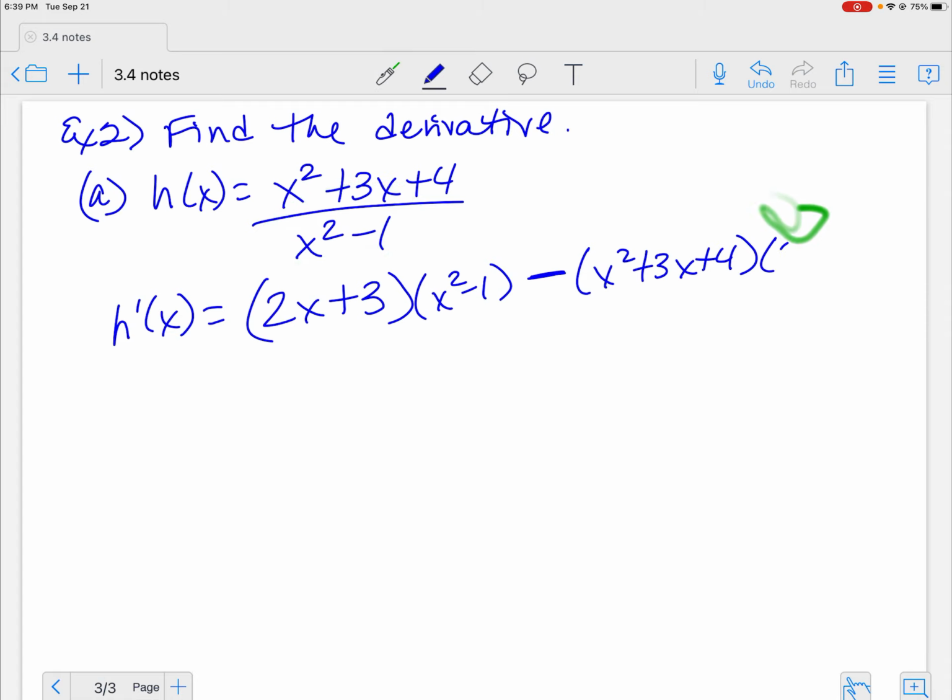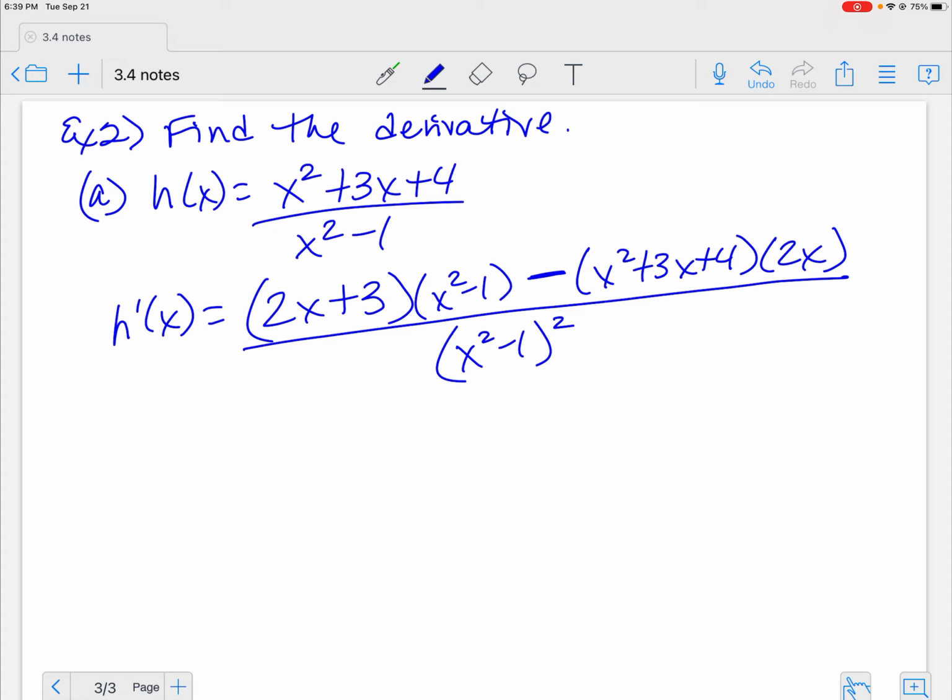So then the derivative of this one is 2x all over the denominator, exactly how it sits, squared. Do you see that? You see what's going on? So the derivative of the top times the bottom minus the top times the derivative of the bottom all over the bottom squared. Okay, here we go.